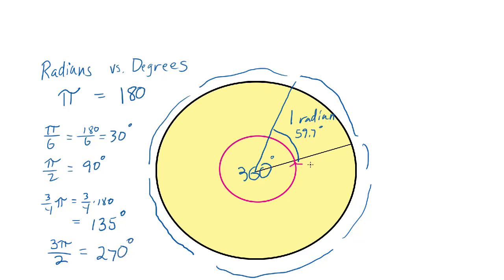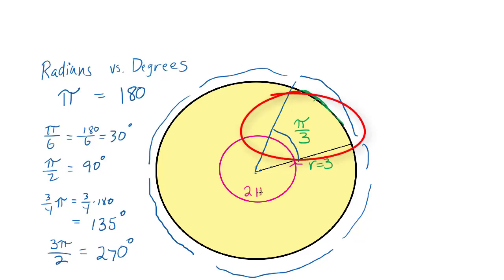So let's try our example again. Radius equals 3. And in this case, I'll have a central angle. Let's call that pi over 3. What is the measure of the arc that spans that central angle?